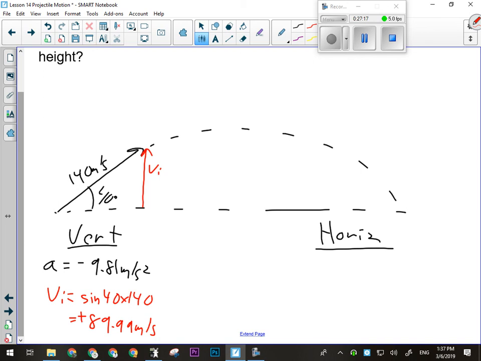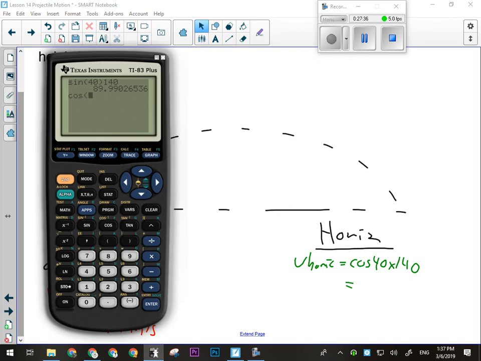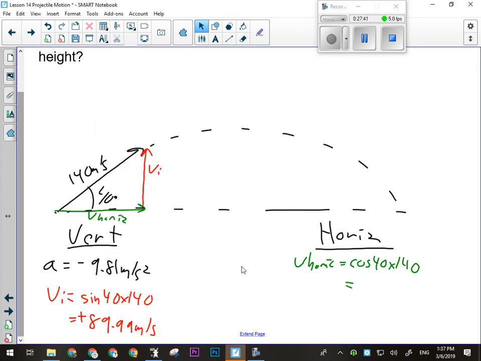And our horizontal one is the x component of that velocity vector. So v horizontal is going to be the cos of 40 times 140. So 107.246 meters per second. And remember that that velocity is not going to change because horizontally the object travels at a constant velocity. It doesn't accelerate.